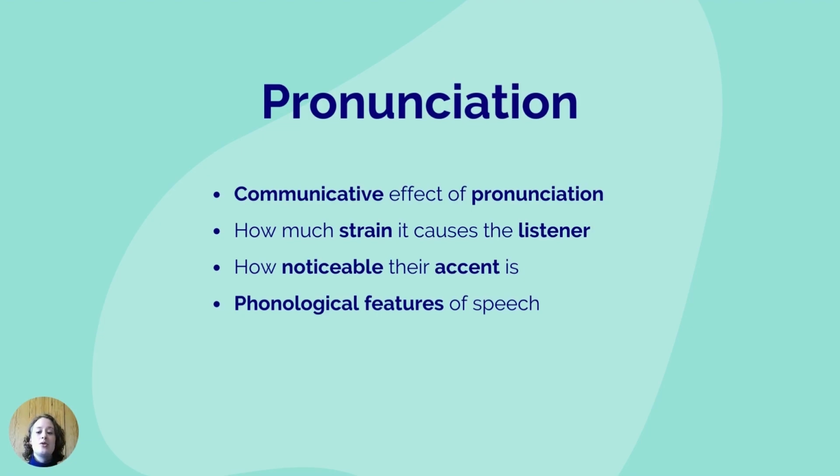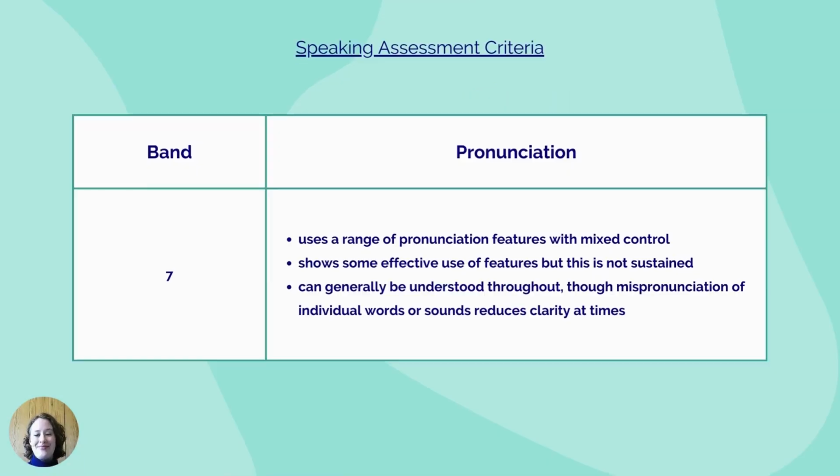Candidates need to be able to produce the phonological features of speech. Here you can see the marking criteria for a Band 7 answer. As you can see, mispronunciation of individual words or sounds may happen, but you should generally be understood.